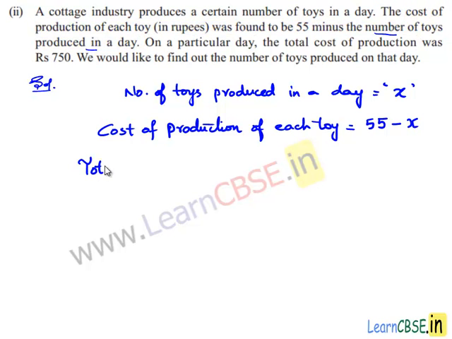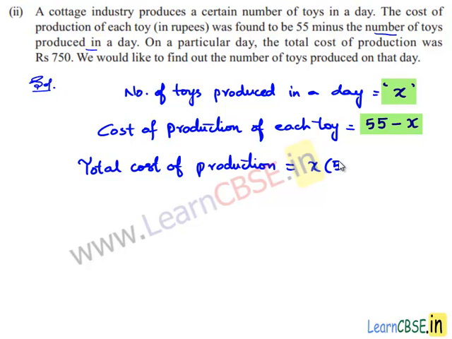Total cost of production is nothing but the number of toys produced in a day multiplied by the cost of production of each toy. So total cost of production becomes x times 55 minus x. According to the given problem, total cost of production is equal to 750 rupees.